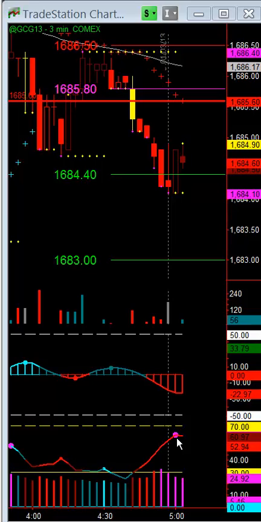Notice that we have a magenta dot that has appeared, but as you can see, it's flat. This is not a magenta peak. This is not an indication that price is going to pull back to the ATR right now. I will continue to watch it because if it turns into a peak, then I would exit my position. But as it stands right now, it's just flat.